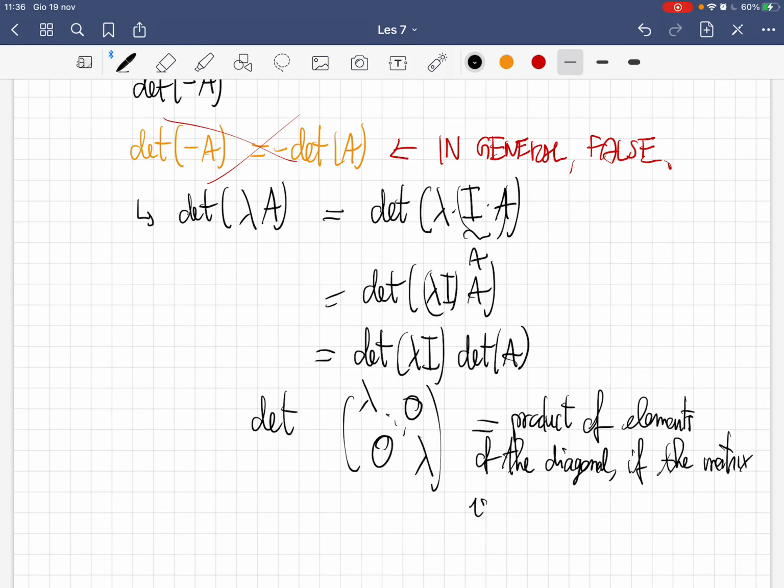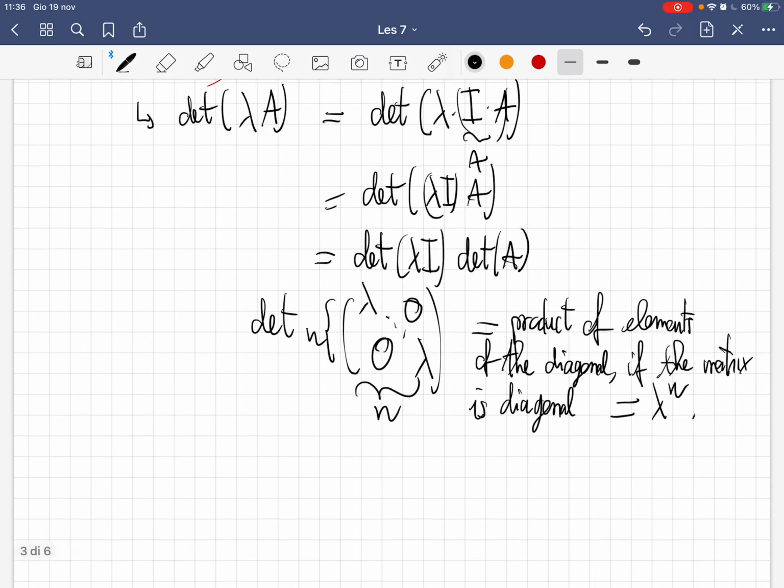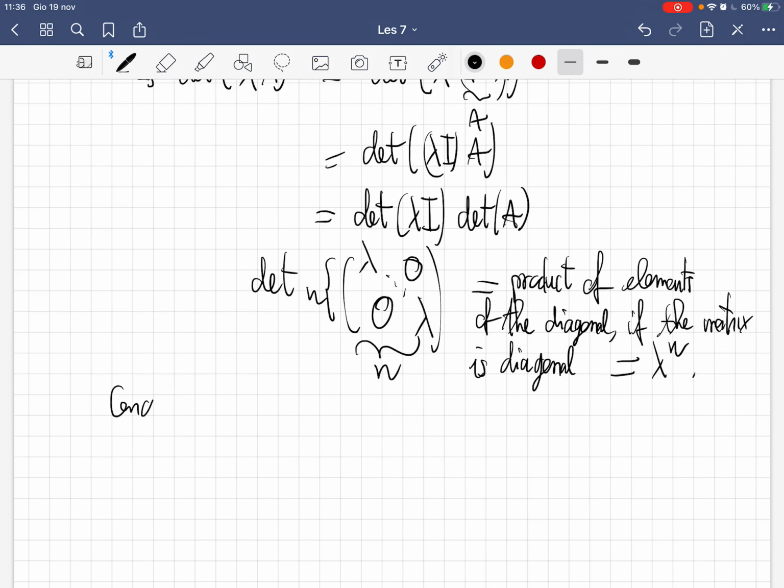Not in general, of course. So in this case, it's what? This is n, so it's lambda to the nth power. So we conclude that the determinant of lambda A is actually equal to lambda to the nth power times the determinant of A.